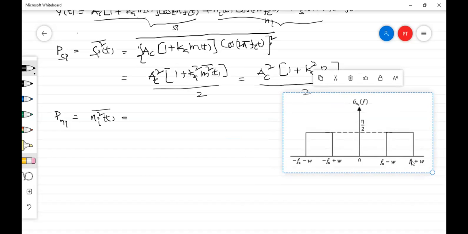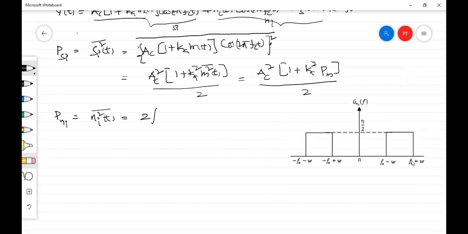For this band pass noise, if you look at the pass band, it is ranging from plus fc minus W to plus fc plus W, isn't it? Having the magnitude equal to eta by 2, we can find out, and there are two portions.